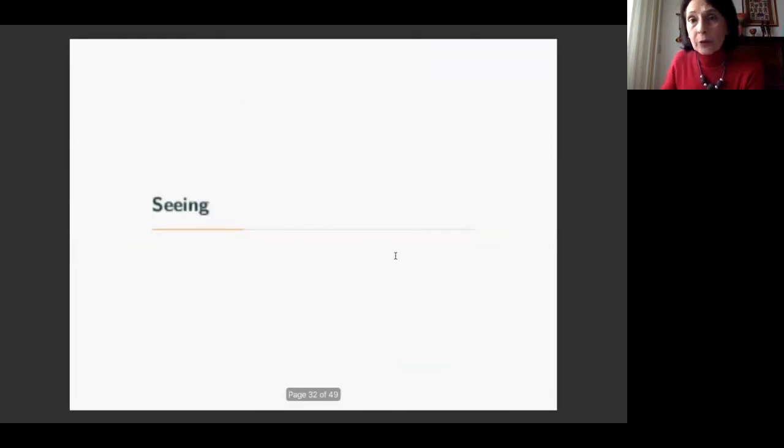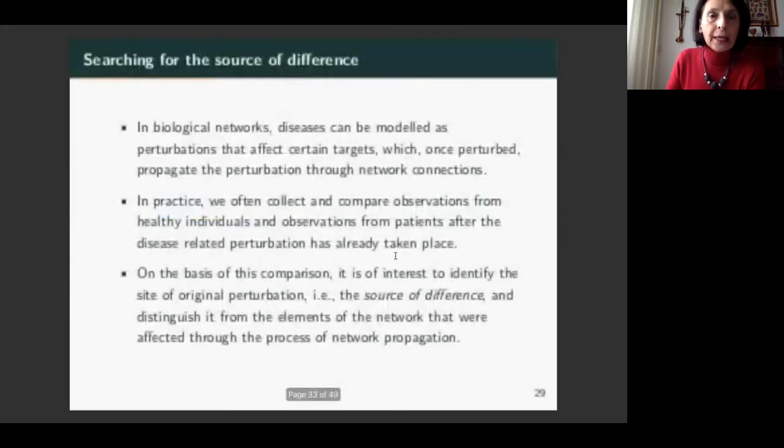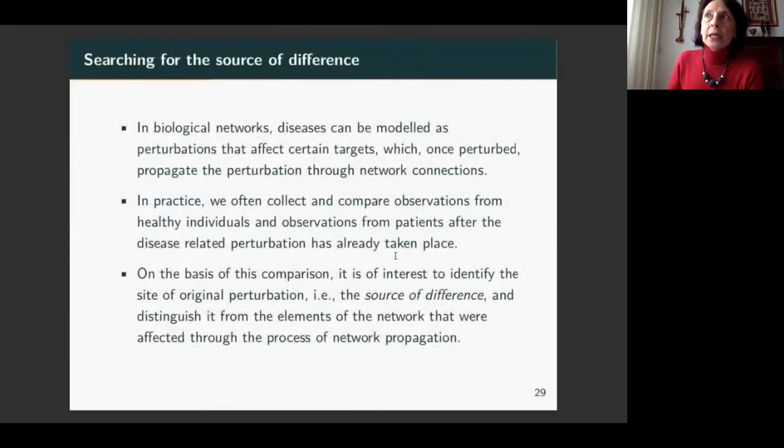So this was an example of doing. How about seeing? Now, differential expression analysis is a seeing action. You know, you can imagine diseases to be modeled as network perturbation, so shocks that affect some targets, which then propagate the shock through the network connections.